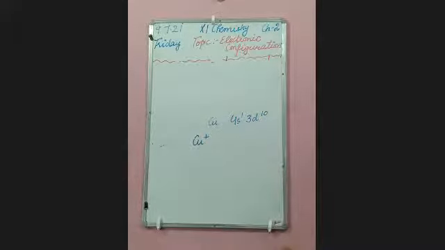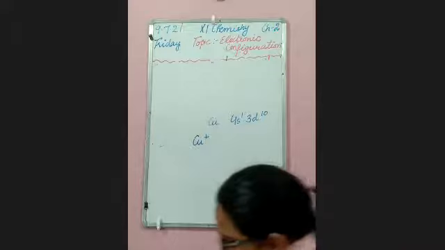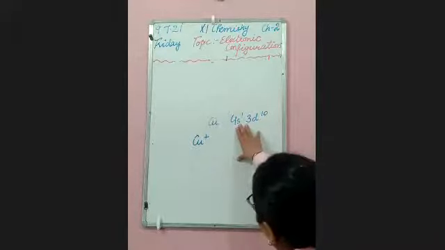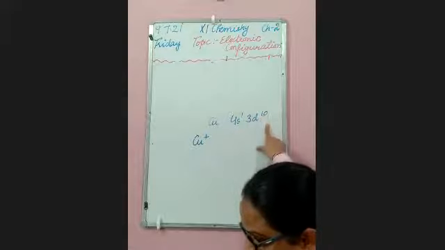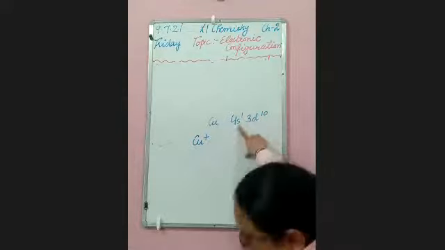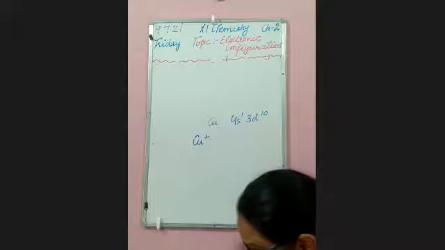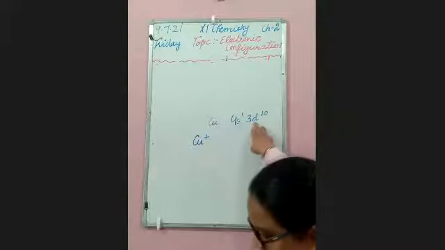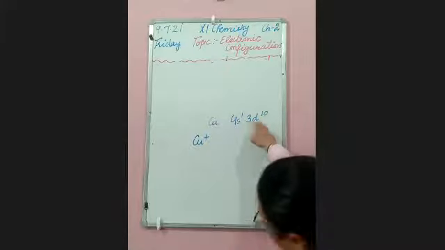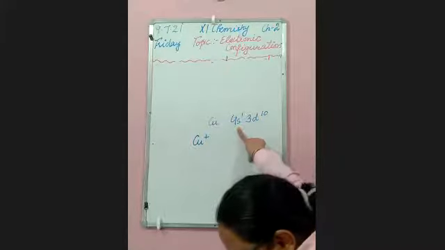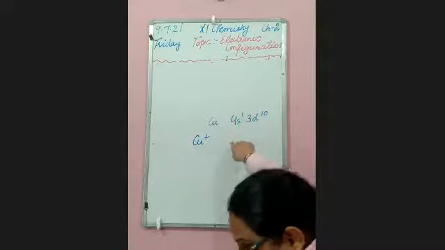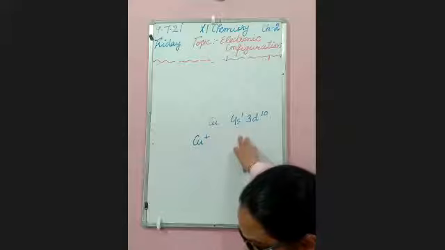My dear students, before the filling of electrons, the energy of 4s is less than 3d. That's why it is filled first. But after the filling of electrons, its energy is more than that of 3d. So an electron is added first in this orbital, and an electron is also removed first from here.